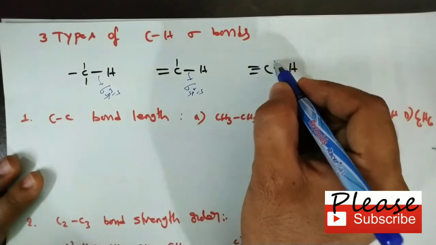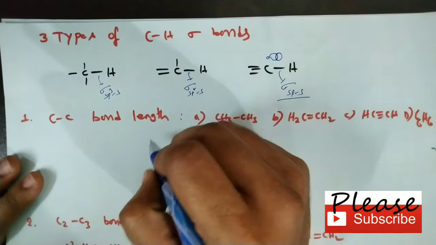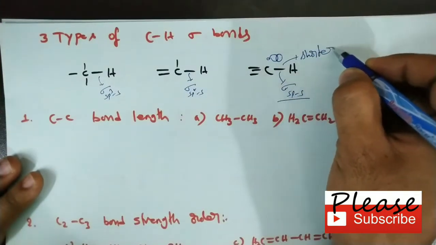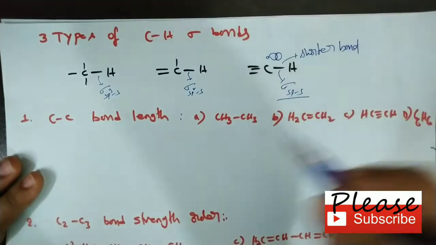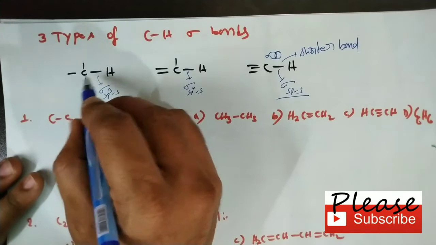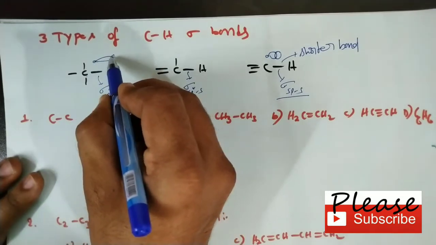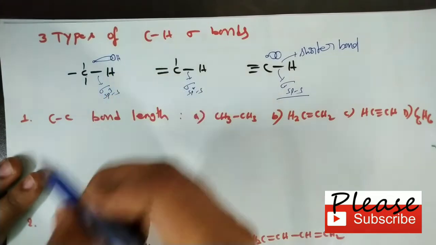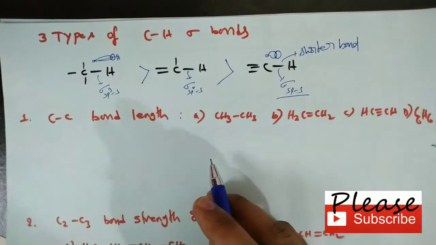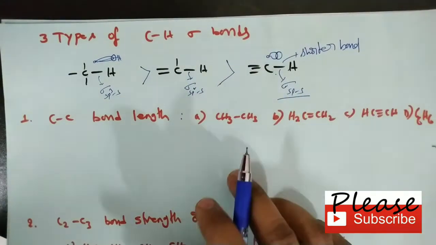This is formed by the overlapping of the sp hybrid orbital and the hydrogen s orbital, so it is a very short bond. The sp3-s bond has a higher bond length because the sp3 hybrid orbital is larger and overlaps inward with the hydrogen s orbital. That means the sp carbon-hydrogen bond is the stronger bond.